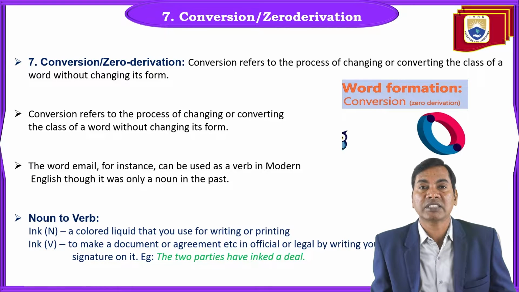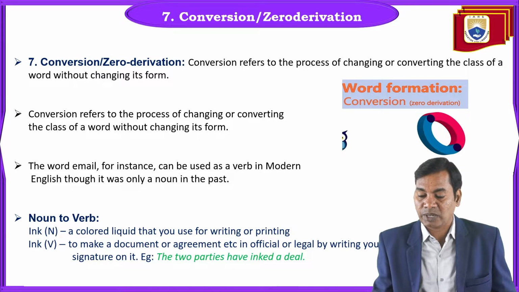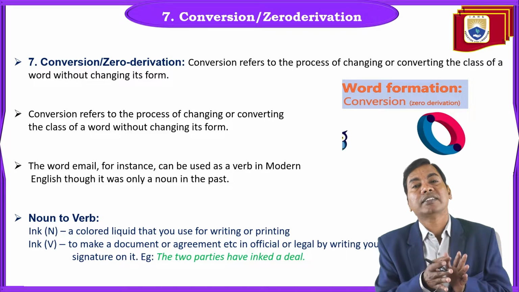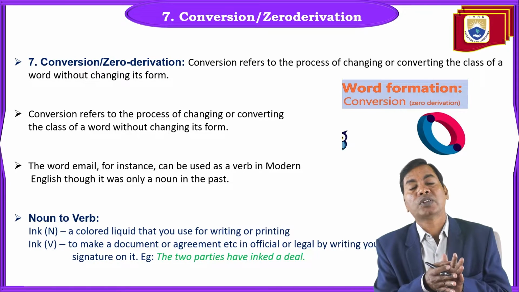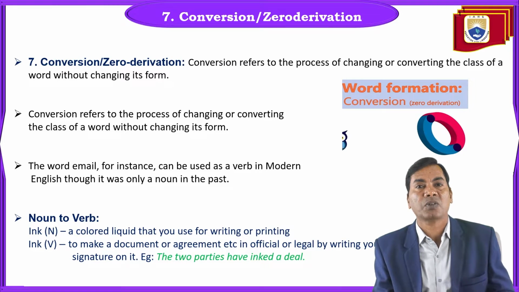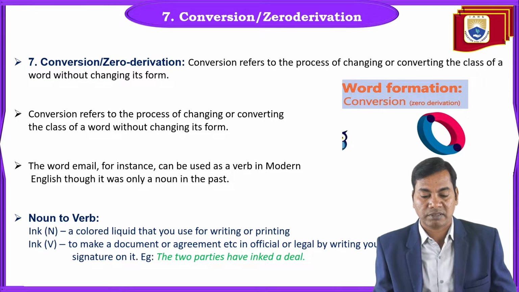So what is this conversion or zero derivation, by the way? Look at the meaning I mentioned there. I put a picture there, you can understand. So we do not add anything to that word, either no prefixes or suffixes or anything, right?